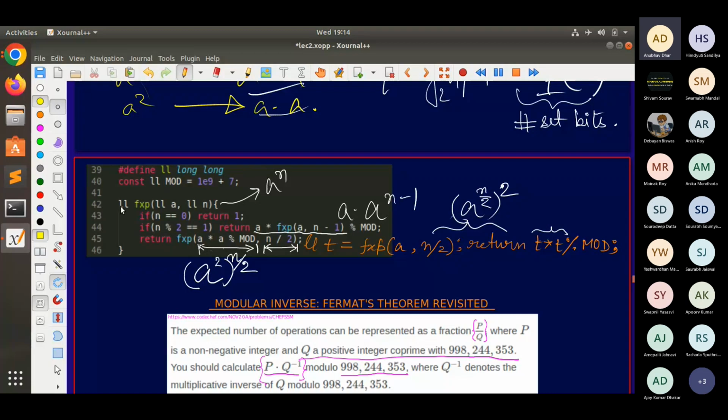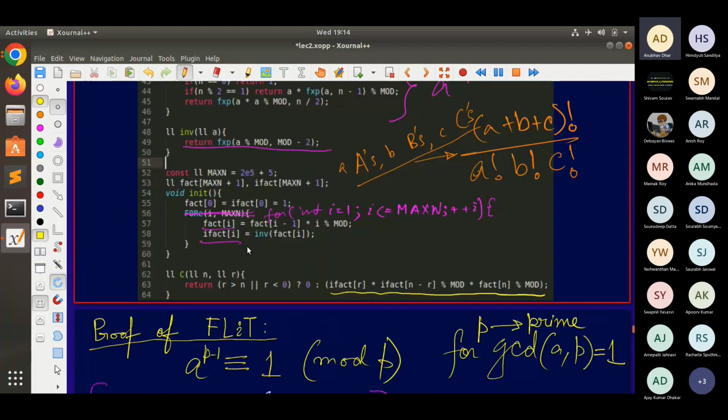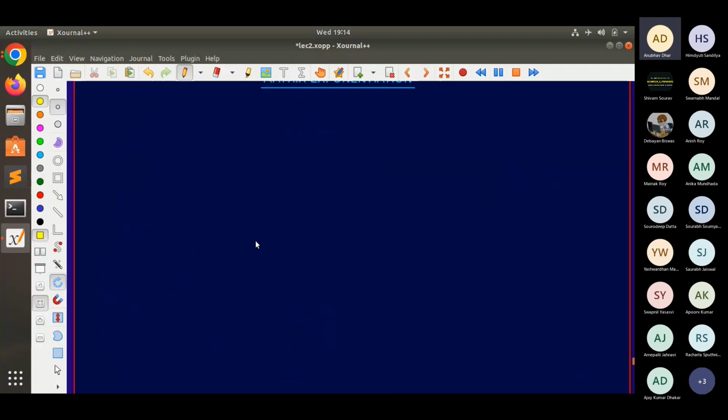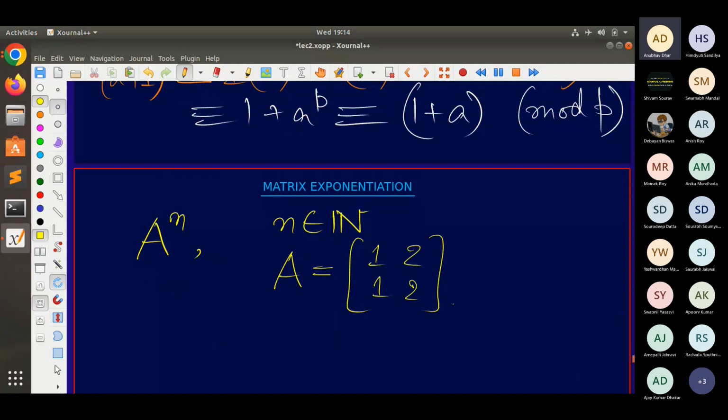So this a was an integer, right? But this a can also be a matrix, and we can actually find something like capital A power n, where n is a natural number and A is some matrix.